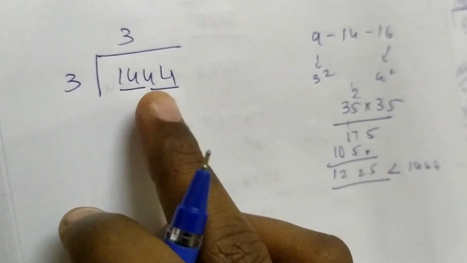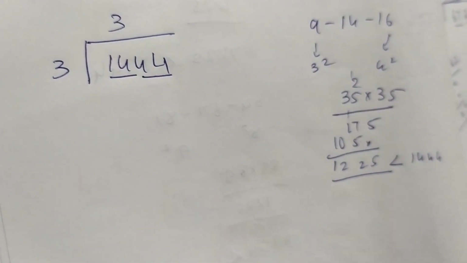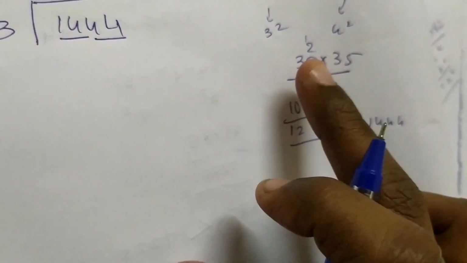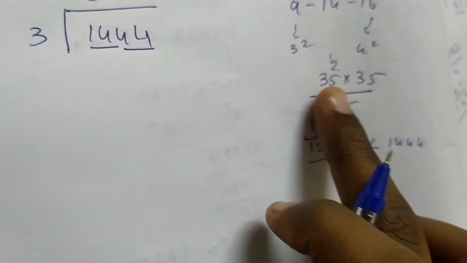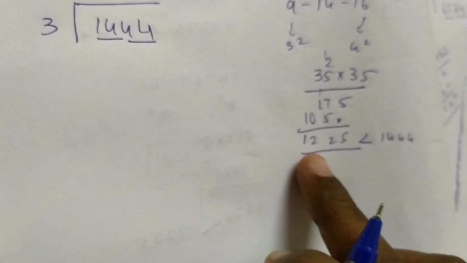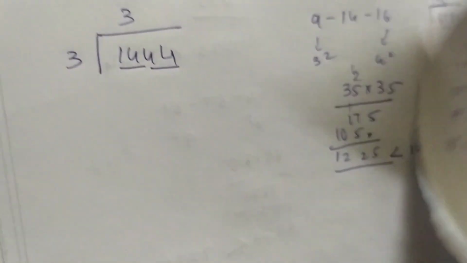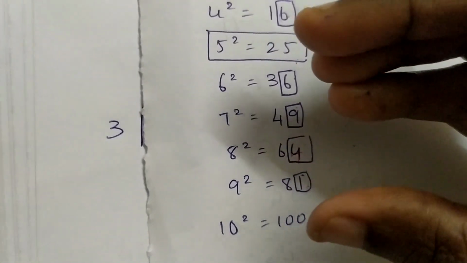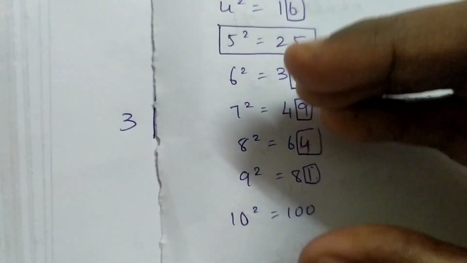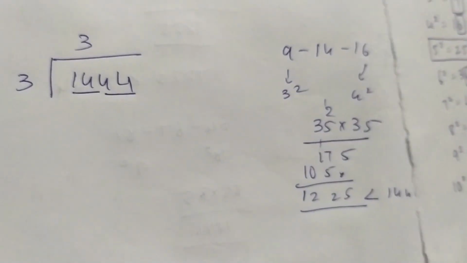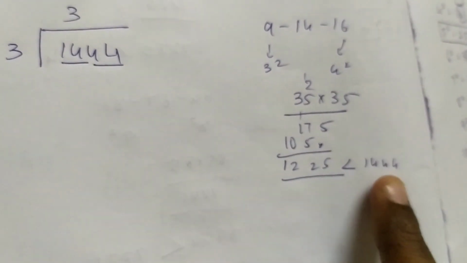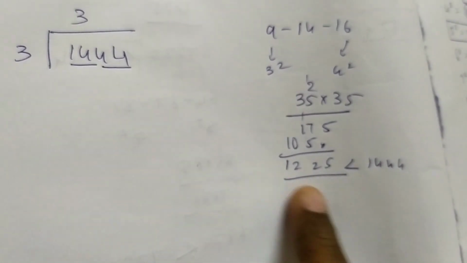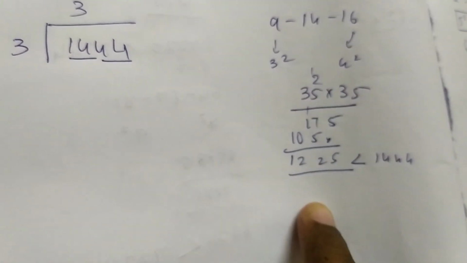My question is 1444, for which I'm getting 35. When I'm considering 35 into 35, I'm getting a smaller number than this. So what I have to do is take the number which is greater than 5 square, because I already have one number, 35 into 35, which is smaller.